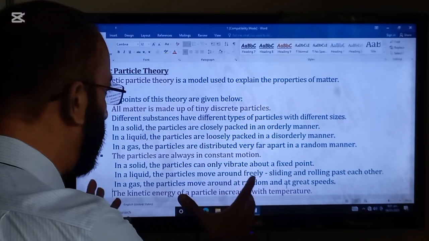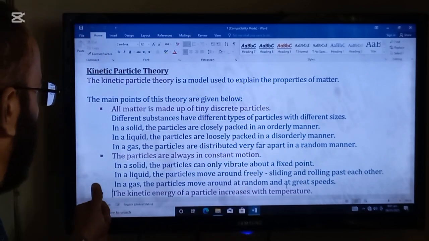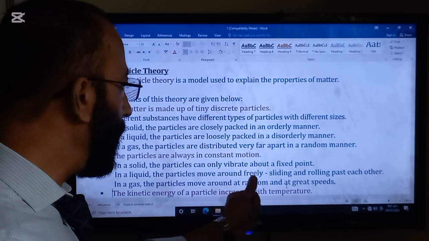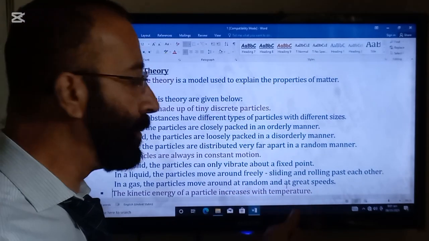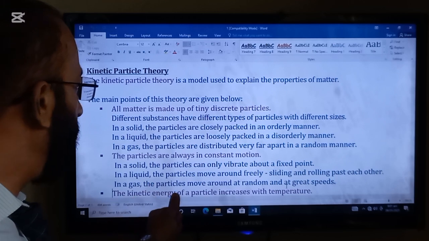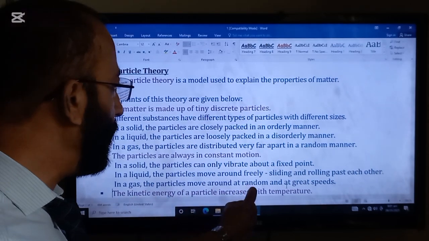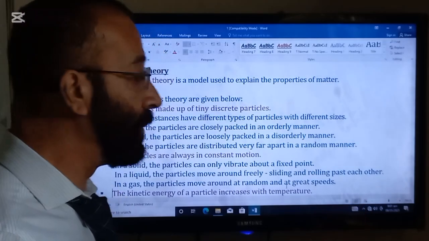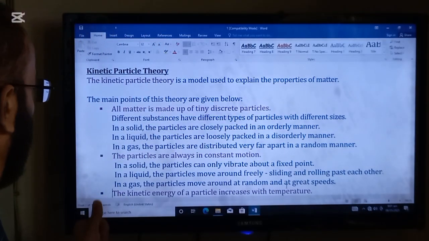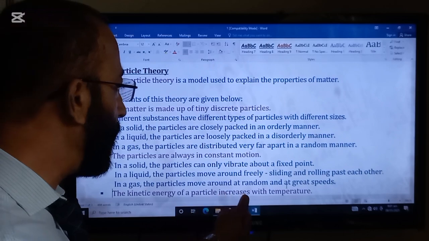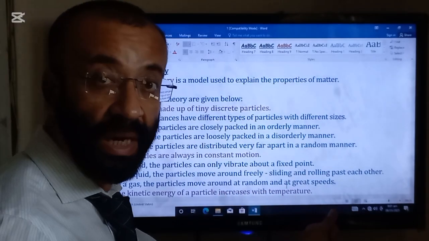The explanation of this point is in a solid, the particles can only vibrate about a fixed point. In a liquid, the particles move around freely, sliding and rolling past each other. In a gas, the particles move around at random and at great speed.